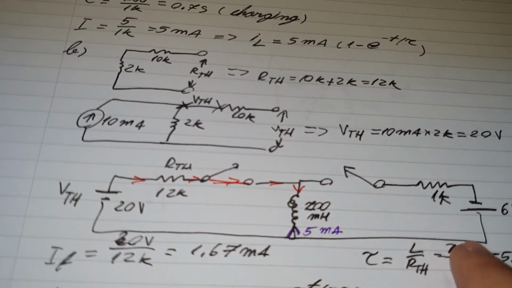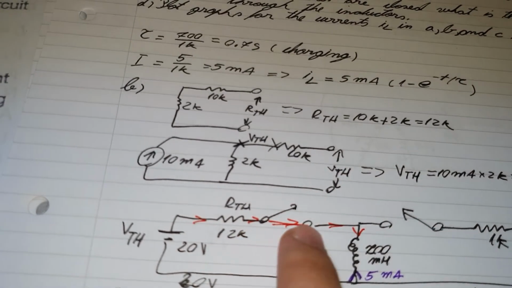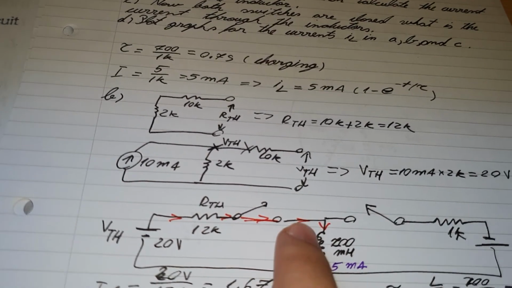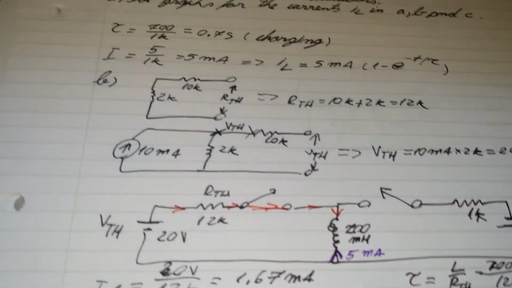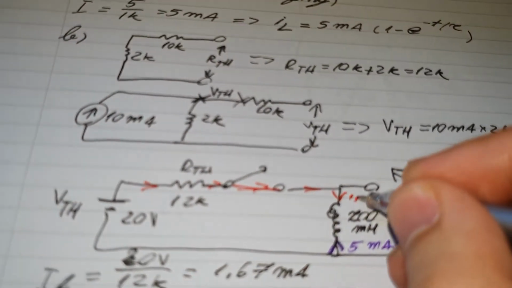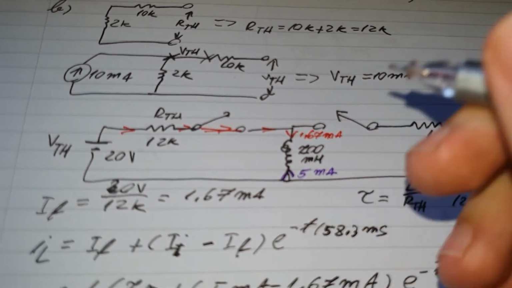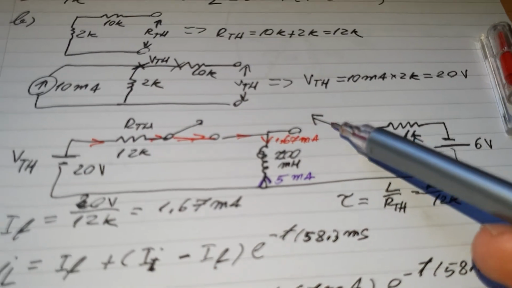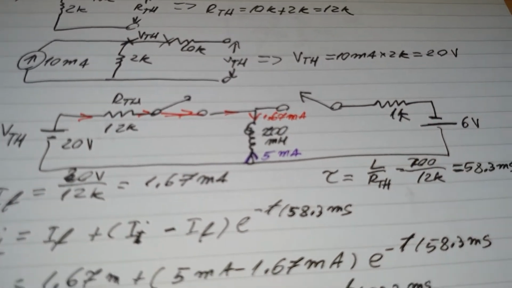Now, because this switch is open and this switch is closed, it took a while to discharge the inductor from the 5 milliamps and fill it up with its own 1.67 milliamps in this direction and maintain it like that. This was possible because this switch was open. Well, what if now both switches are closed?